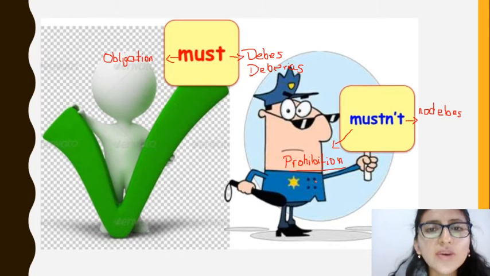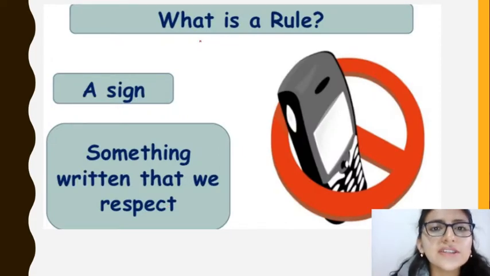Okay? Now we're going to continue looking at the grammatical structures. In this case, we use must to talk about rules. What is a rule? It's something written that we respect. A rule is an order.